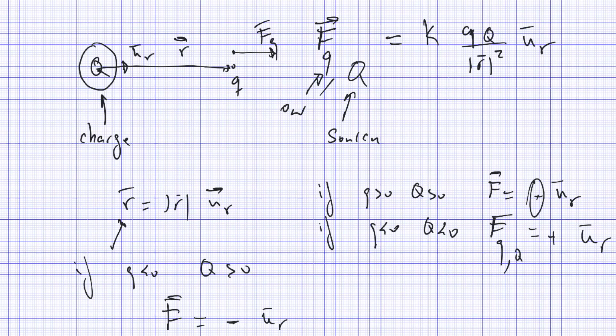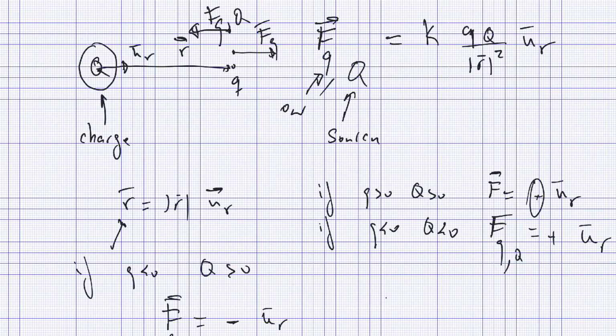So the force on q due to Q, in this case, will go in this direction, if q and Q have different signs. So that means that charges that have different attributes are attractive.